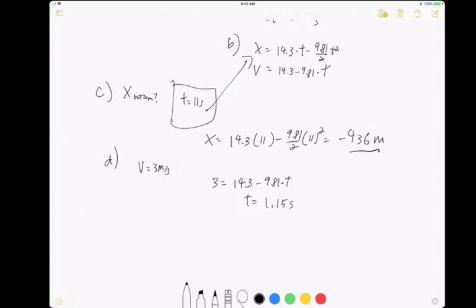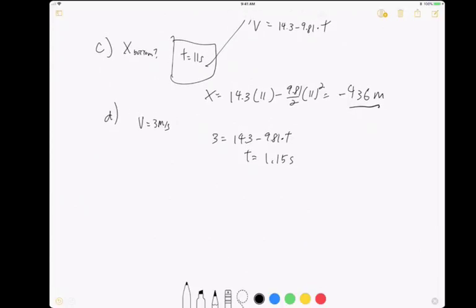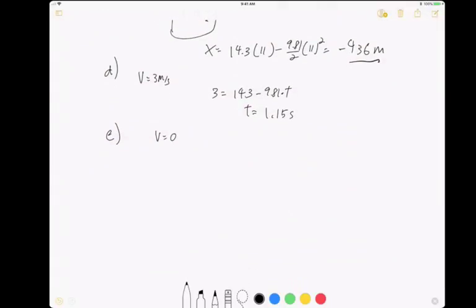How much higher above the bird is the apple's turning point? Well, the apple's turning point is when its speed is equal to 0. So that happens at 1.46 seconds.